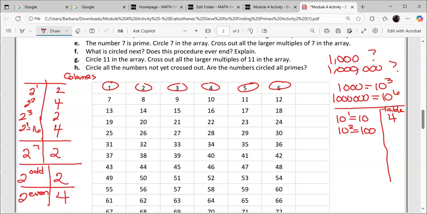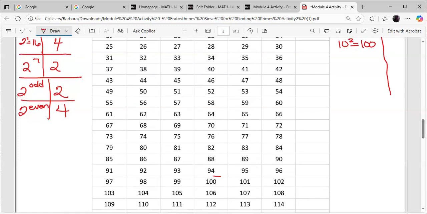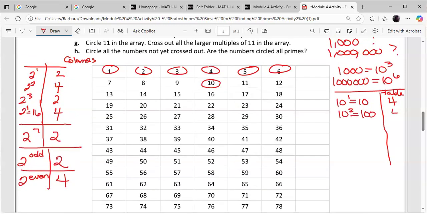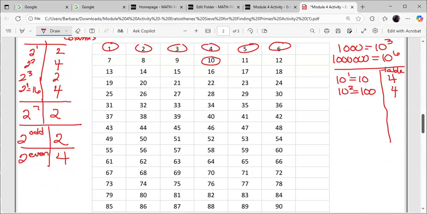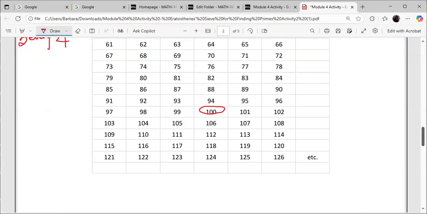All right, so 100, where is that? The 10 is in column 4, and 100 is also in column 4. So we have two powers of 10 in column 4. Where else would you see a number that is a power of 10?